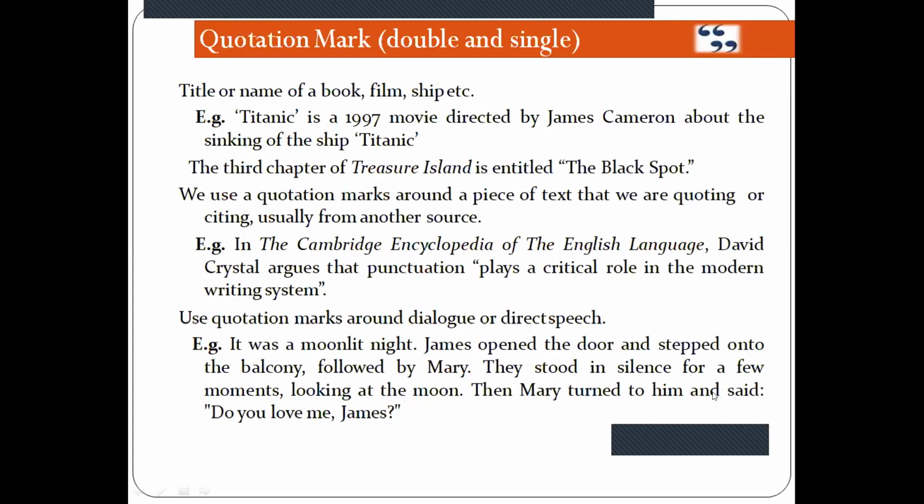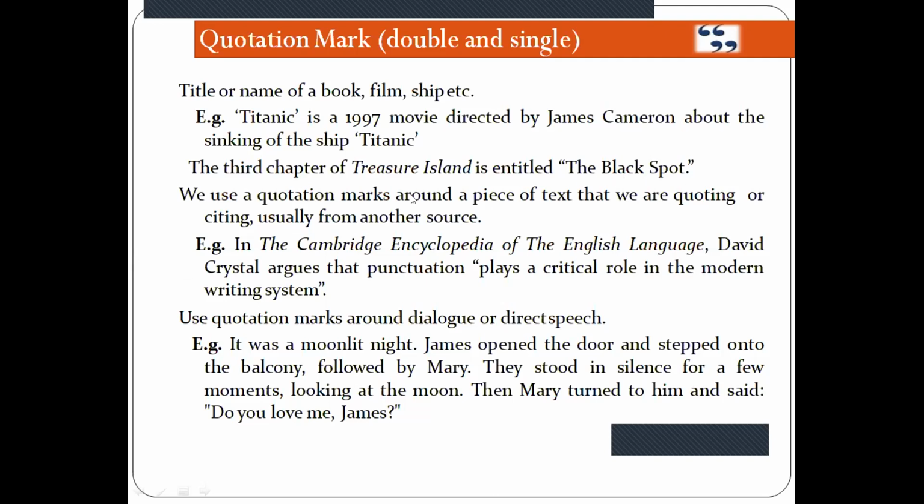It's clear. The next one is quotation marks, how and when you use them. Title or name of a book, film, or ship, etc. Titanic in a sentence, you give it a special status by putting it in quotation marks. The third chapter of Treasure Island is entitled The Black Spot. So this is the title.